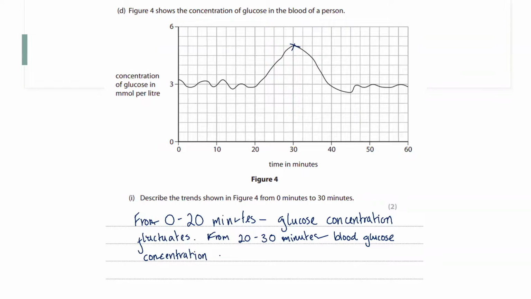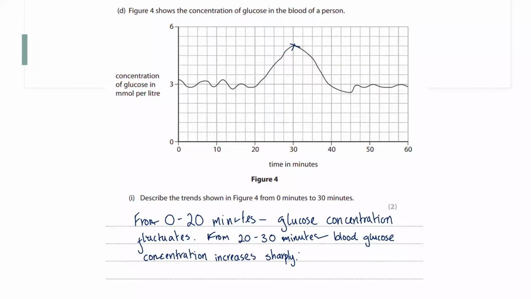So you do need to write the timing. I just used the graph here. You don't really need to know anything else, just describe what the graph is saying. That's only 2 marks, so you only need to make two statements there.